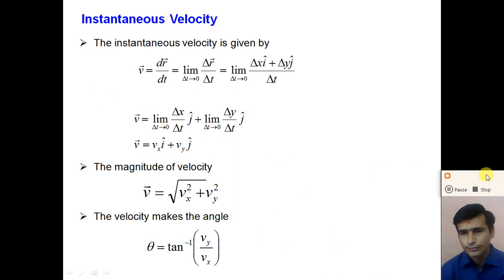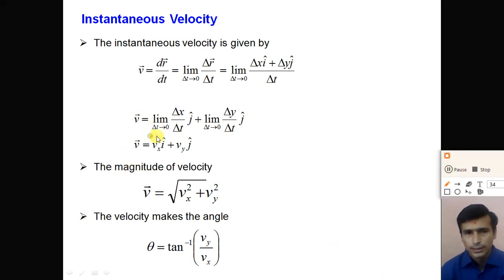Here, the limit as delta t tends to 0 of delta x by delta t is dx by dt, multiplied by i, that means the x component of the instantaneous velocity.